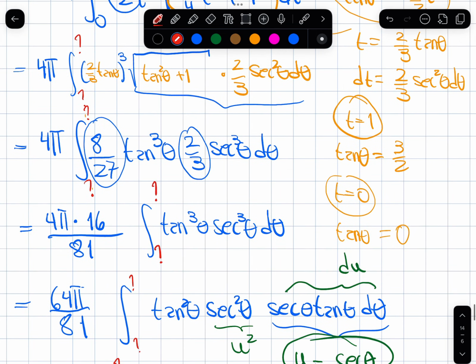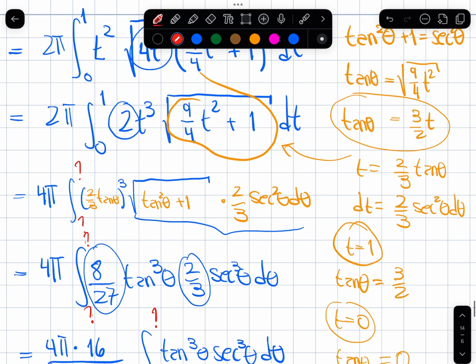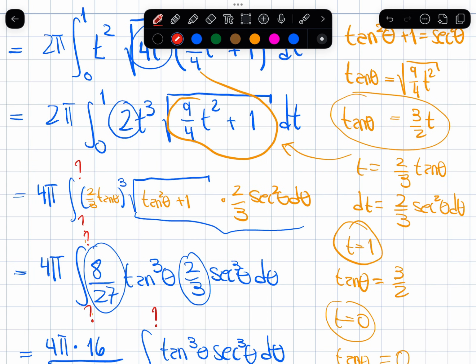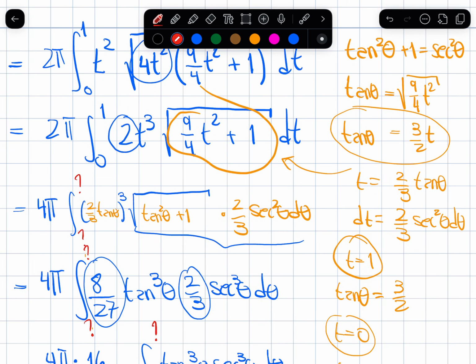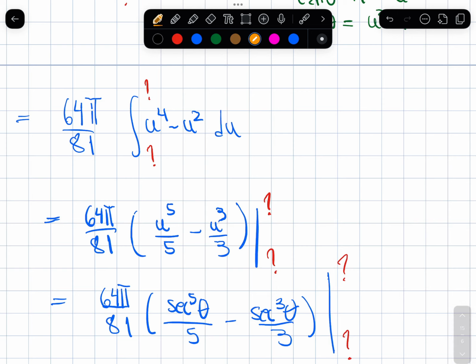And then you can go back and figure out what's the secant of theta by making a triangle here, because you know this is the tangent of theta. So if the tangent of theta is 3t over 2, you can make a triangle, because this is the opposite over the adjacent.